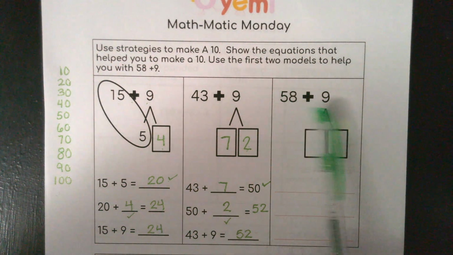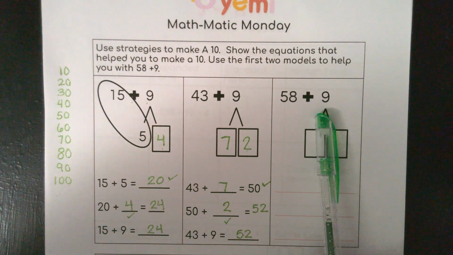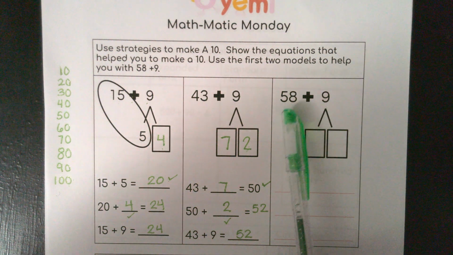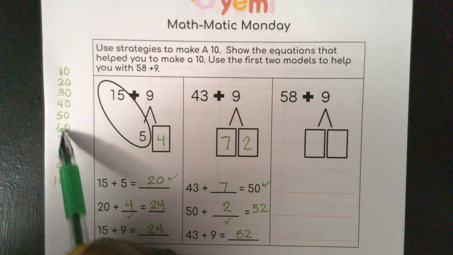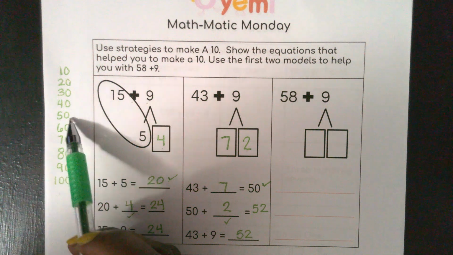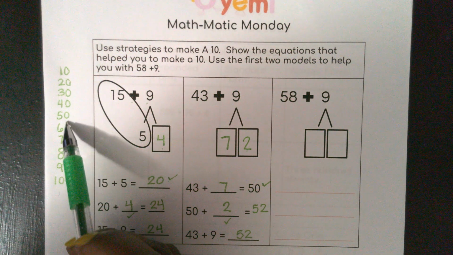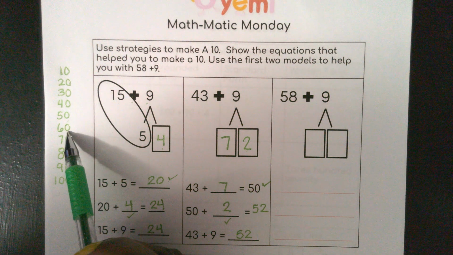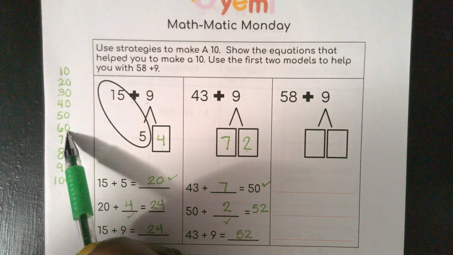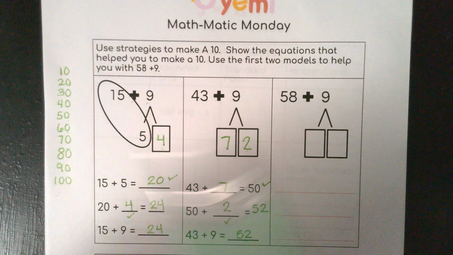58 plus 9. 58, what is the next 10 after 58? So 50 is here. 58 is going to be in between here somewhere. And my next 10 is 60. How much do I need to get to 60 from 58?